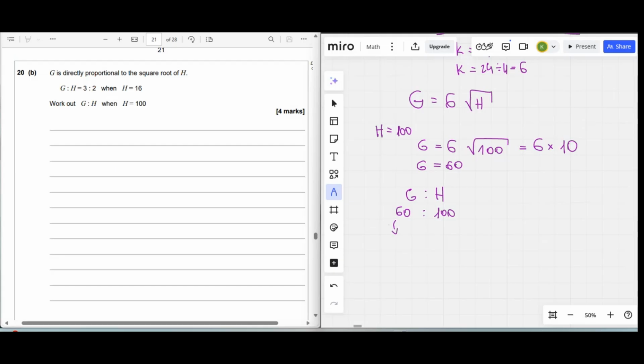We can divide by 10, 6 to 10, and then divide further by 2, which is 3 to 5. And that's our ratio.